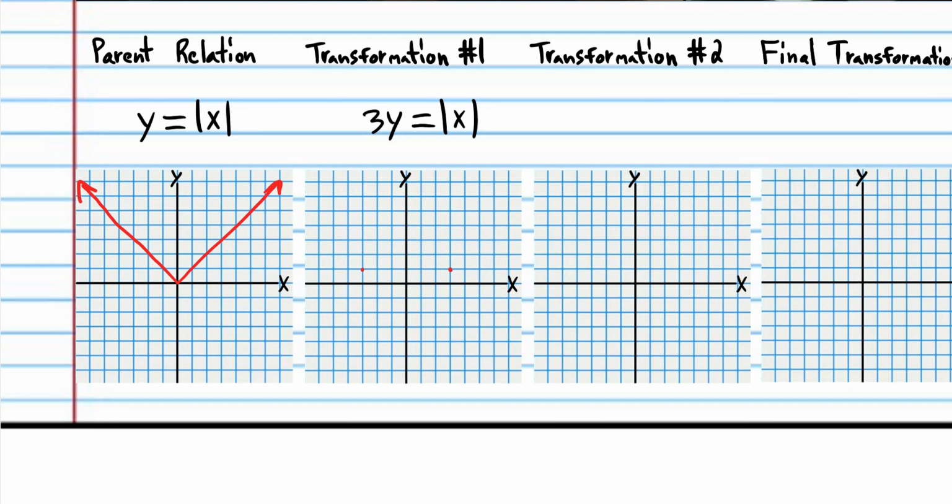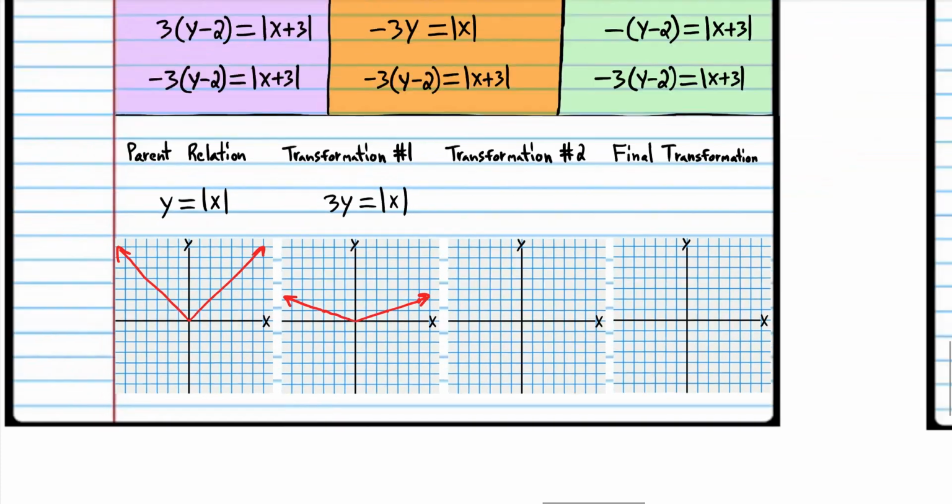And we're going to get this graph here. And the sides of the V are lines. So once we figure out the slope, up 1 and over 3, we can use that same slope to find the other points. And so we dilated that graph.